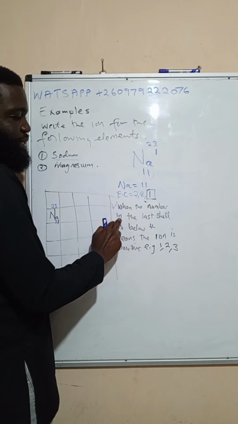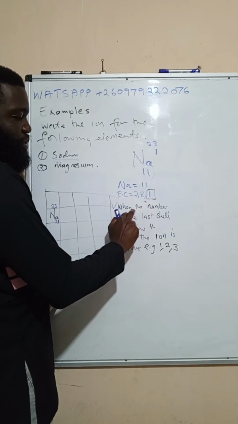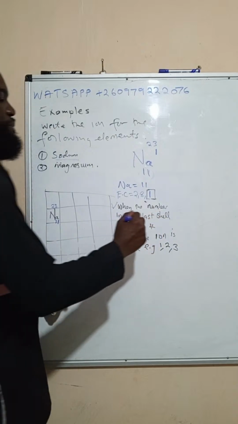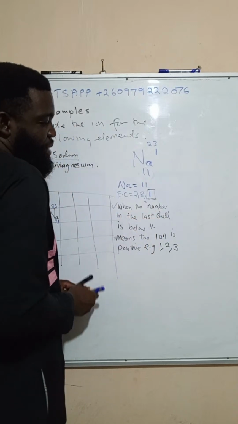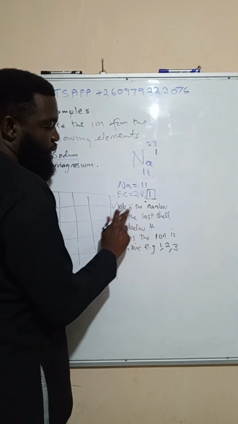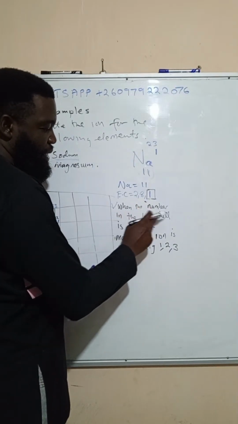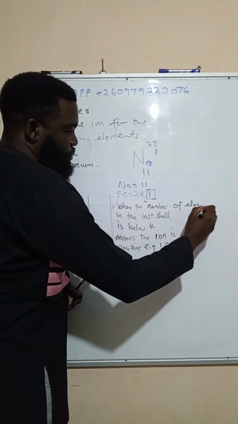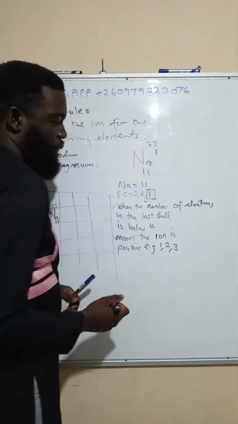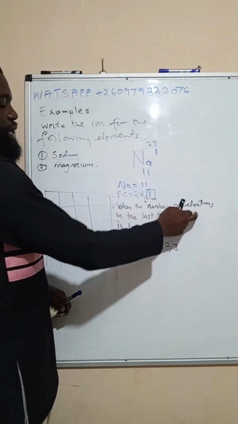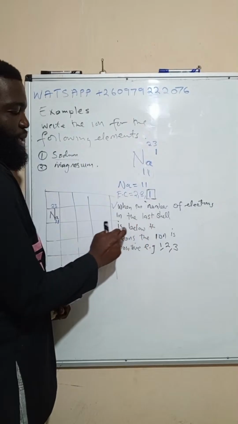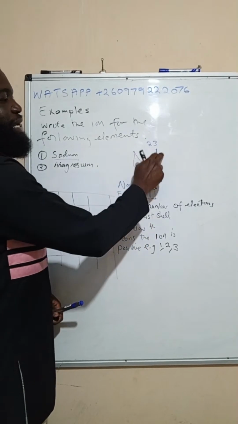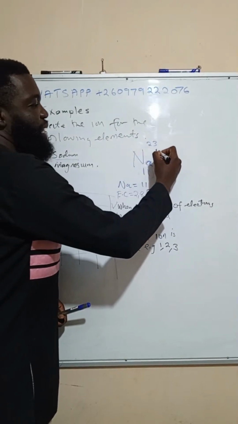When the number in the last shell, when I say the last number, I mean the number of electrons. When the number of electrons in the last shell is below 4, write it the way it is, then you put a positive sign.